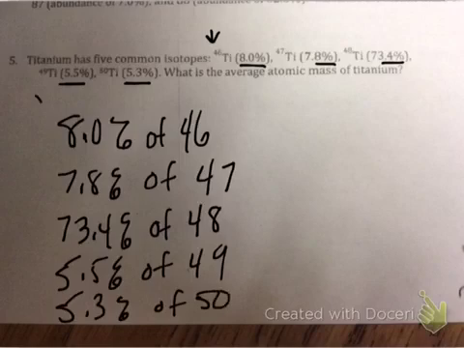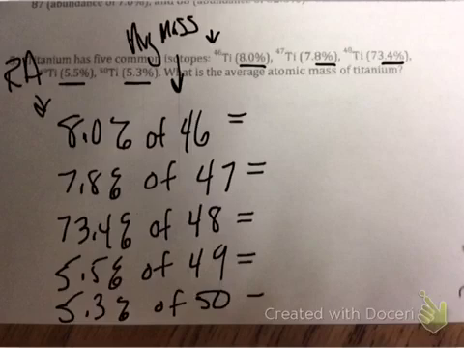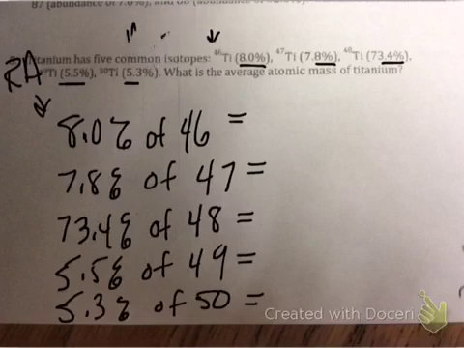All right, so this is the relative abundance. This is the average mass. Just like we did with the Bean Lab, we're going to multiply the relative abundance by the average mass, and that's going to give us our mass contribution. Now, here are the rules. We've got to get rid of the "of," and we're going to replace it with a times.